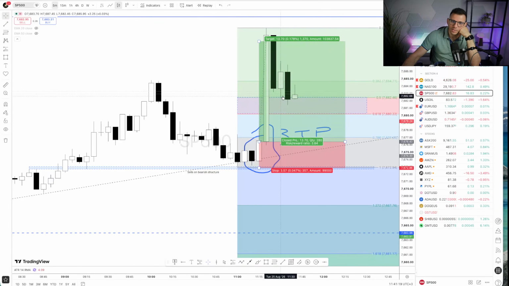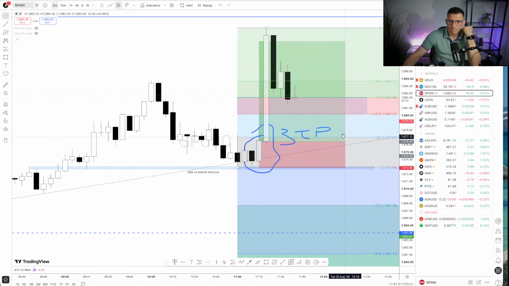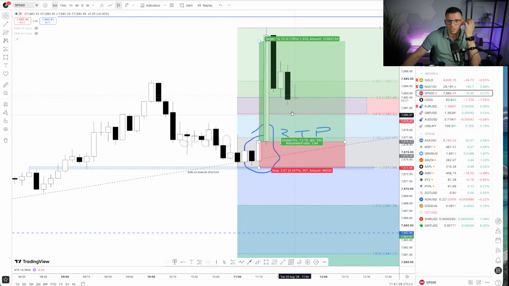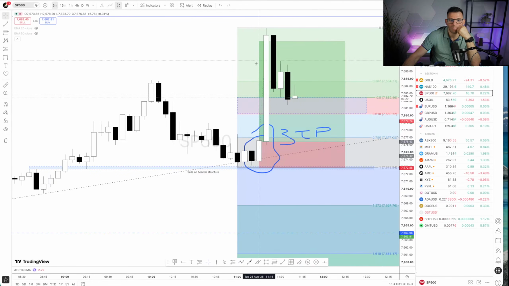The price keeps making lower lows here, lower lows, lower lows. Why should I buy? What you need to understand is that the buyers made the move here. Maybe they got trapped and that was the last thing they could achieve in this session. Maybe that was all for the buyers.